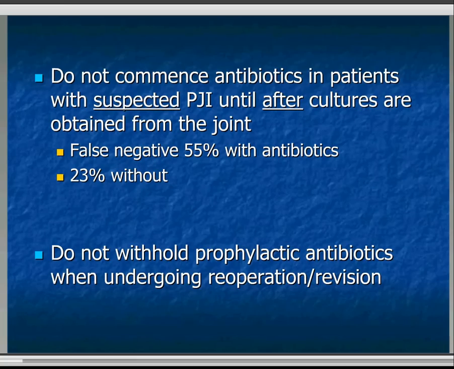Other strong recommendations: do not commence antibiotics in patients with suspected joint infection until after cultures are obtained from the joint. And that's something that we all know that still has to be drummed into all levels in our hospital, from the emergency department up.